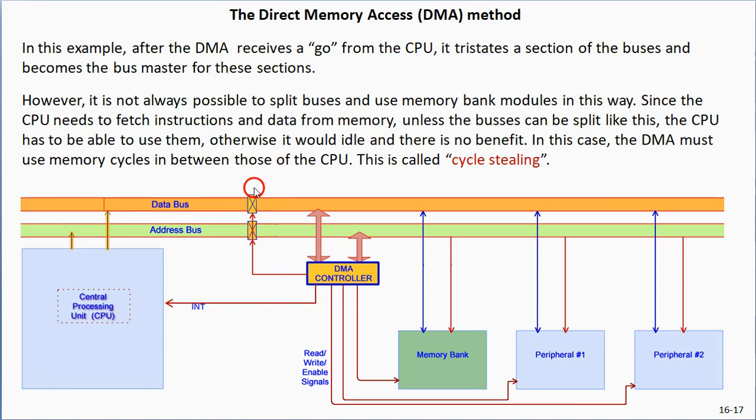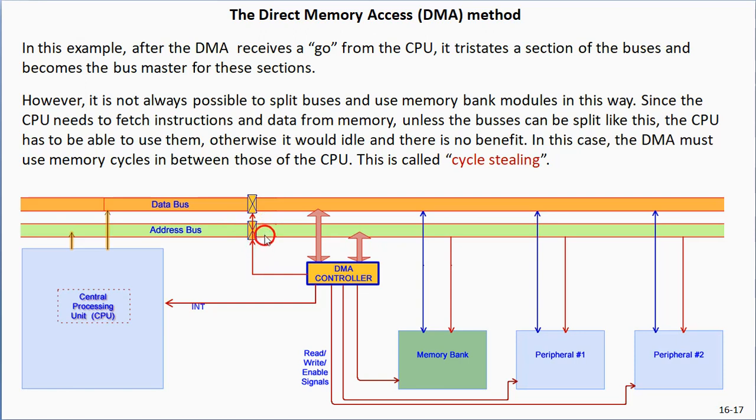What is shown over here is tri-states that are controlled by the same signal issued by the DMA controller. And of course, these tri-states can be controlled to float these parts of the buses, thereby the signals on one side are not connected to the signals on the other side.